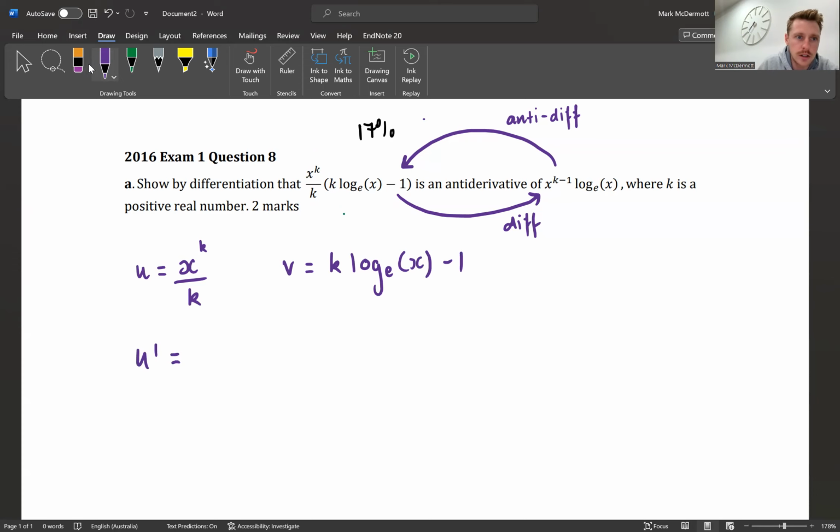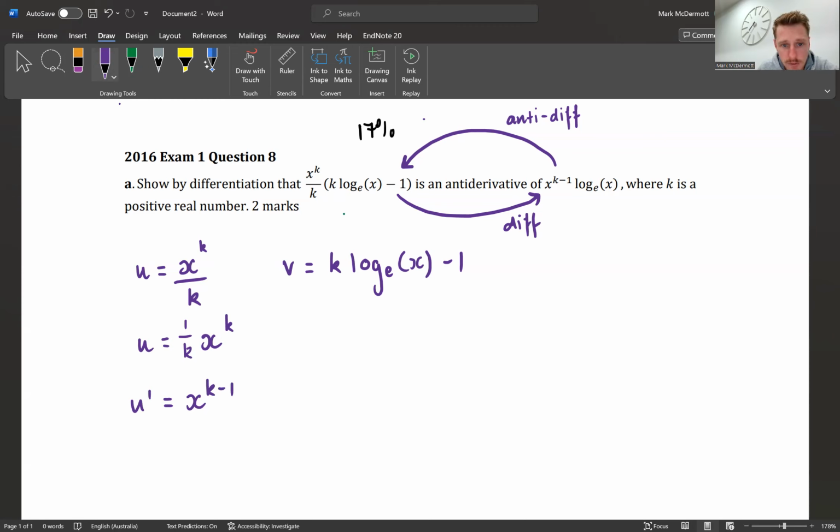If I rewrite this quickly, u equals 1 on k times x to the power of k. So u dash is equal to, well, k comes down and then you reduce the power by 1. So it's x to the k minus 1.